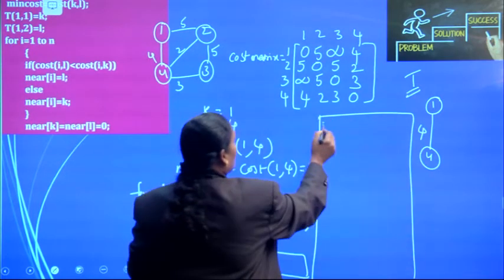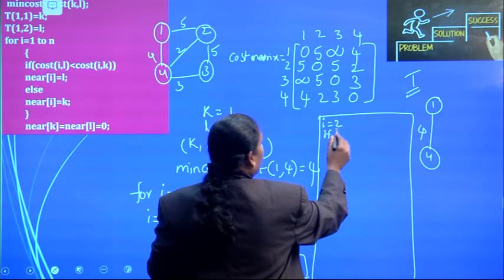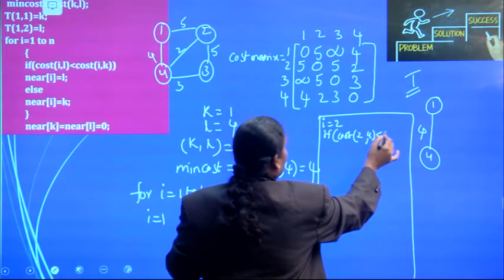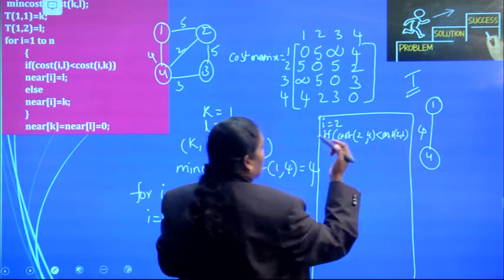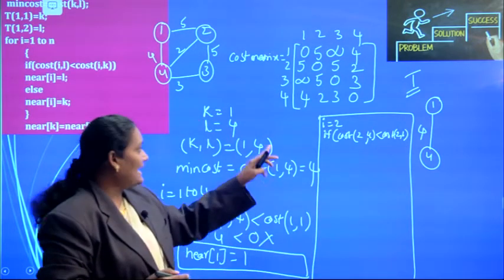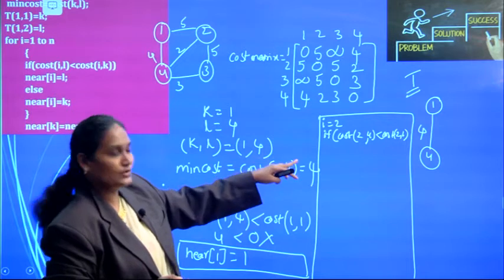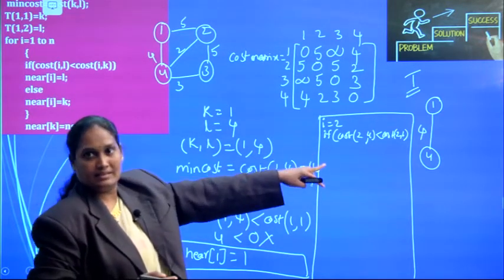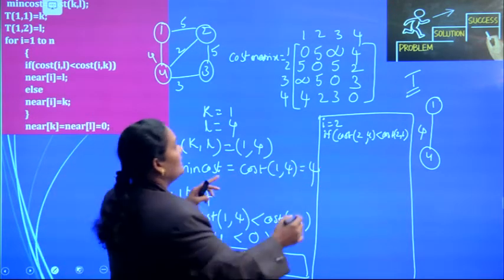Next, I is equal to 2. Now what is the condition? If cost of 2 4 is less than cost of 2 1. I is 2, L is 4, and K is 1.